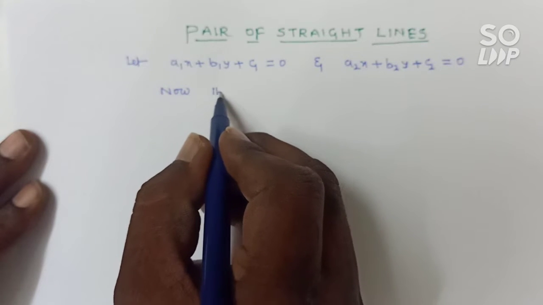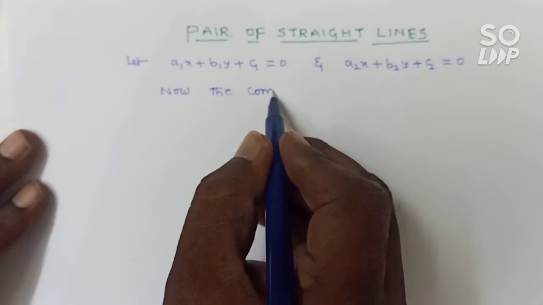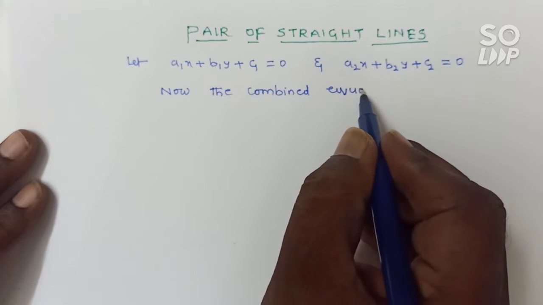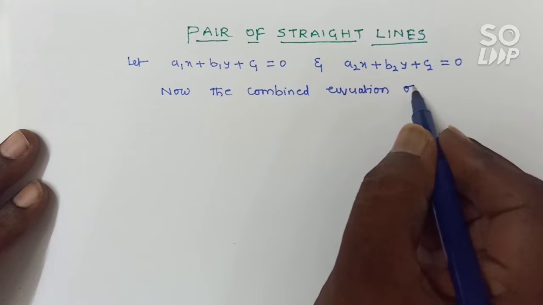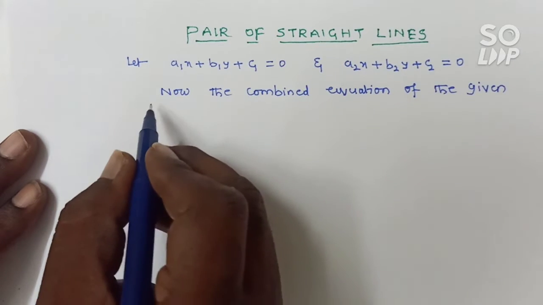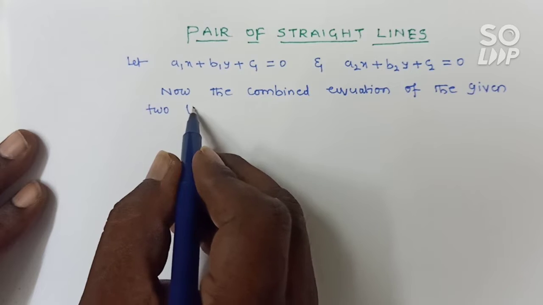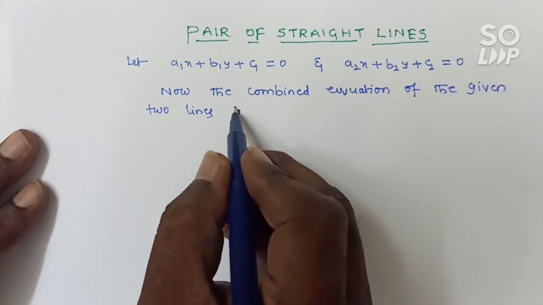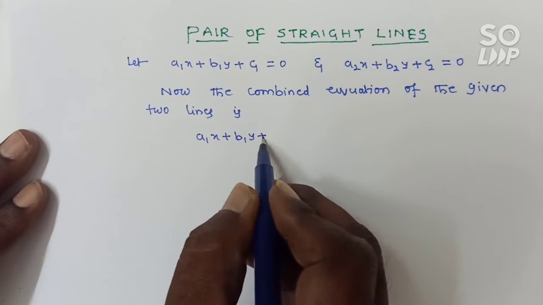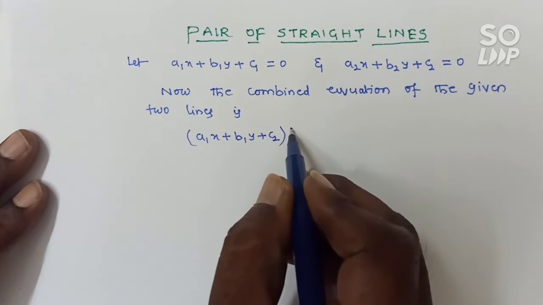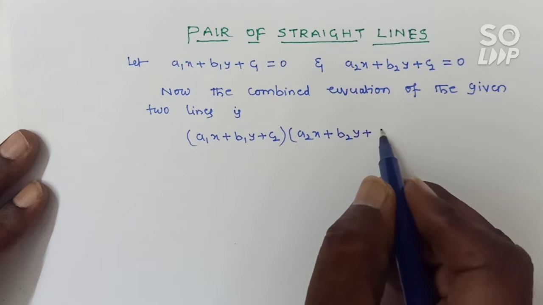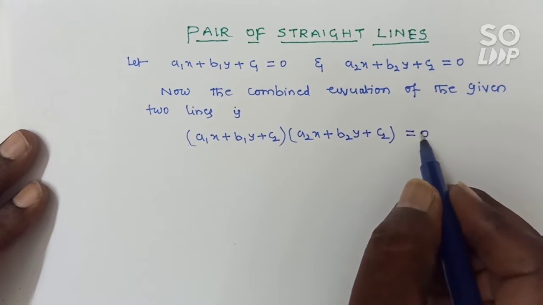Now the combined equation of the given two lines is (a1 x plus b1 y plus c1) into (a2 x plus b2 y plus c2) is equal to 0.